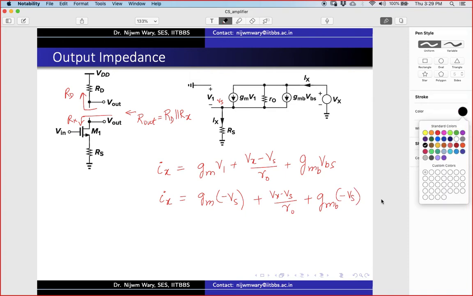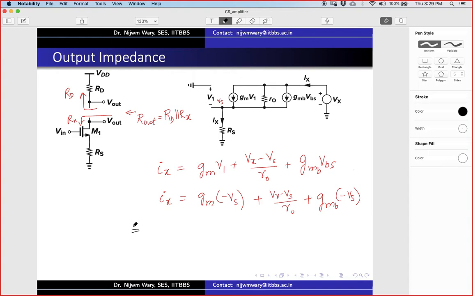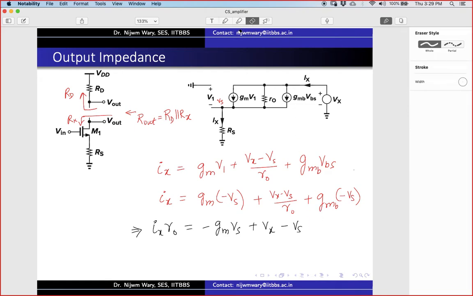Okay, same thing. So now let's multiply with Rho everywhere. So Ix Rho is equal to minus Gm Vs plus Vx minus Vs, minus again Gmb Vs. Vs I can write as Ix into Rs, right?